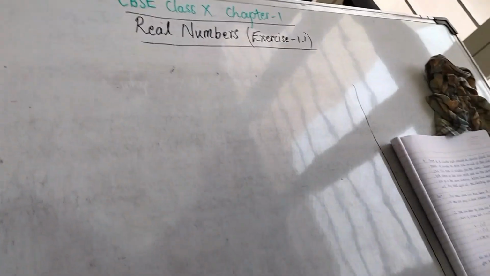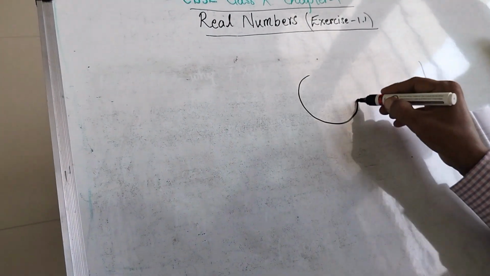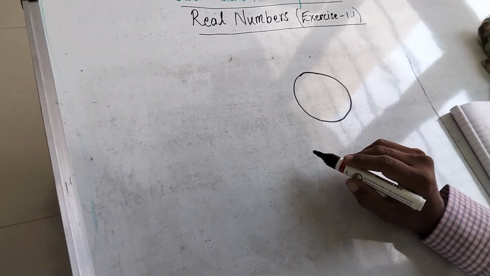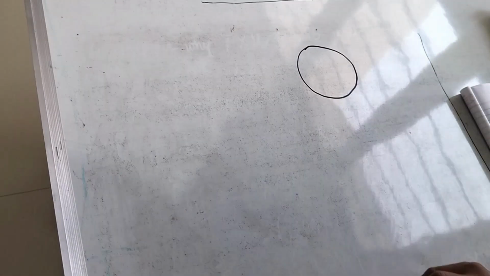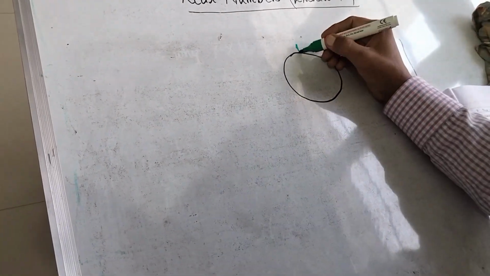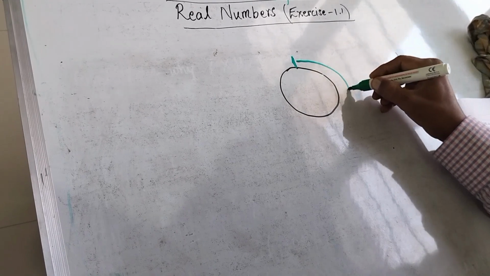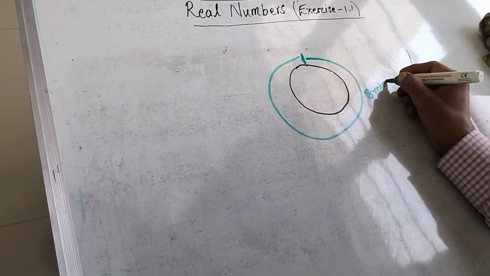I am not going to write this question, it is very big. Circular path is given. In this circular path, Sonia takes 18 minutes. Suppose this is the starting point, and Sonia takes how many minutes? 18 minutes.